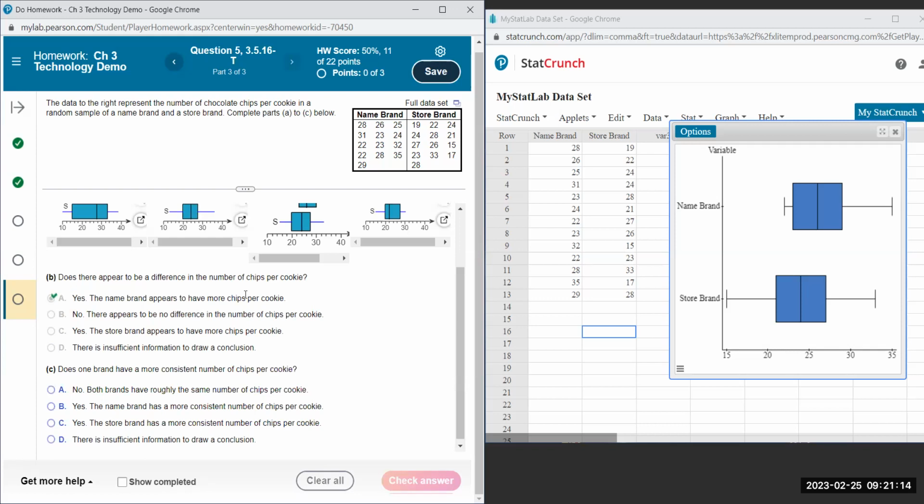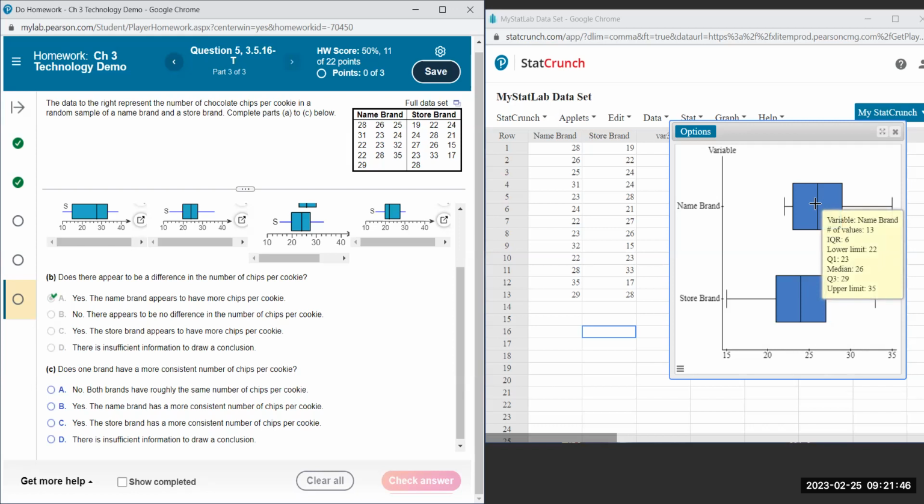Does one brand have a more consistent number of chips per cookie? My opinion would be that they have roughly the same amount, but again, wait until I click it, because I don't think compared to the mediums, it's a big difference. But if I look at the typical values, the store brand has between Q1 and Q3, so between 21 and 27, and this one has between 23 and 29.